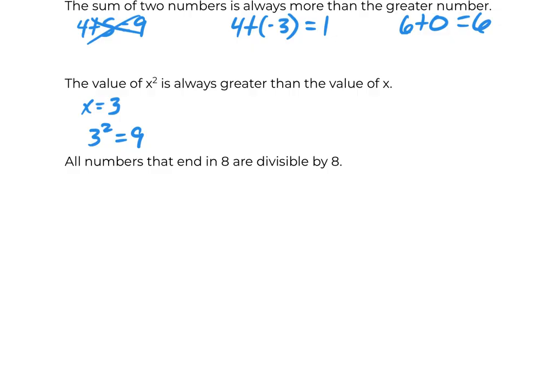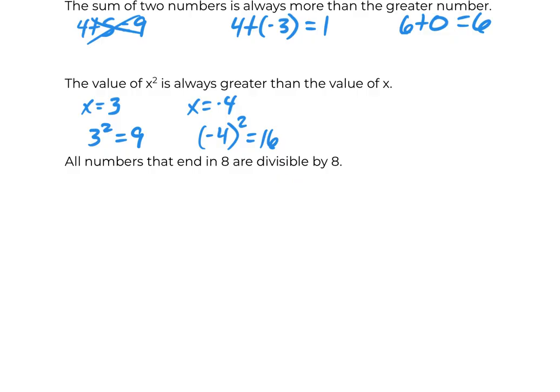Any ideas? Could I do a negative? Negative is always kind of a fun one to go to. Let's say x is negative 4. What if I do negative 4 squared? It's positive, 16. Is 16 bigger than negative 4? Yep. So is that a counterexample? Nope, doesn't work.